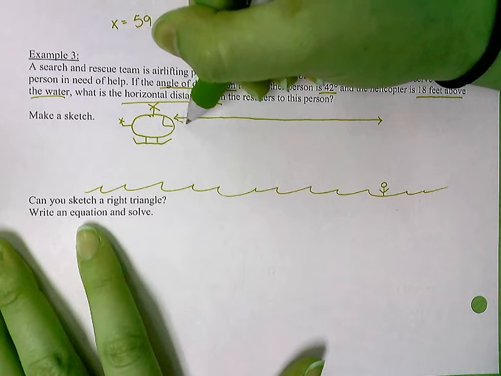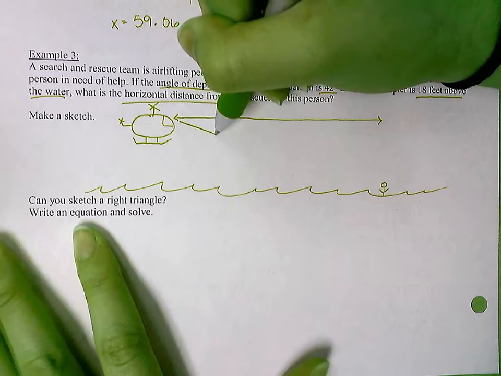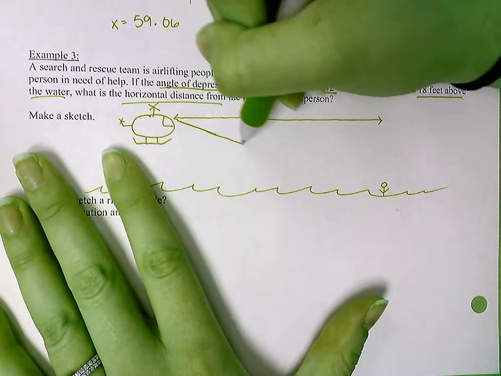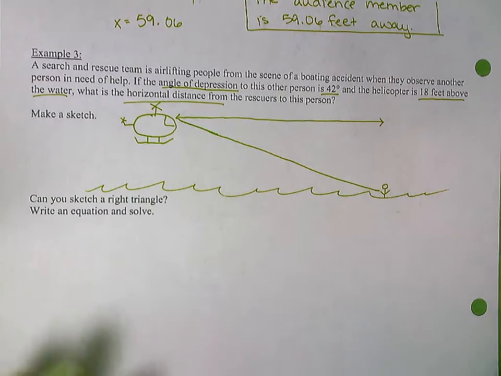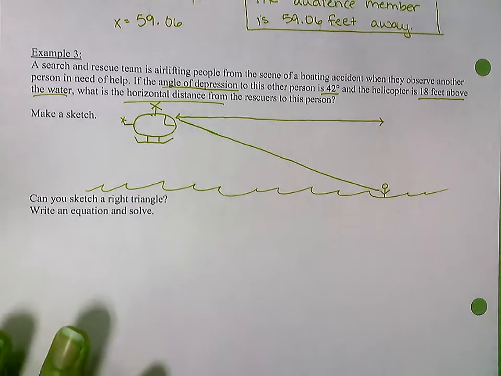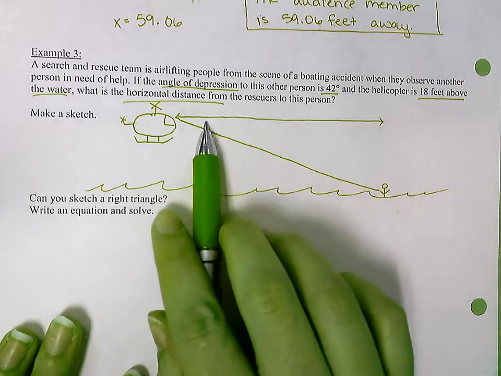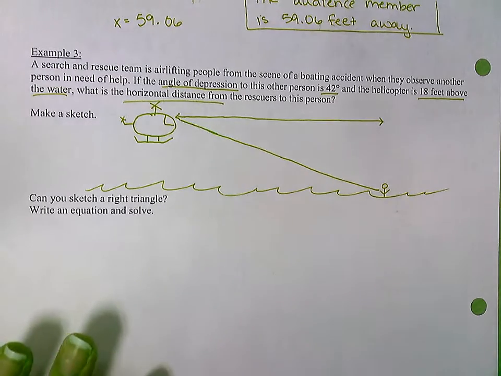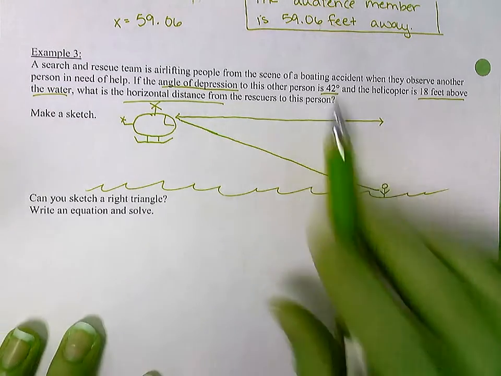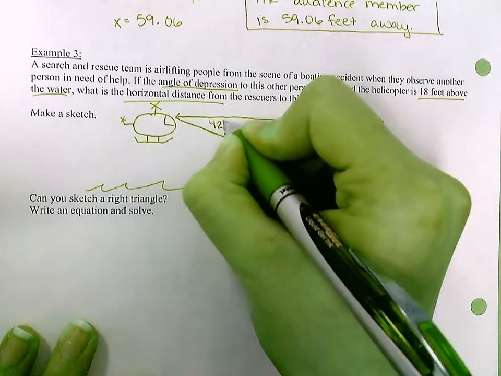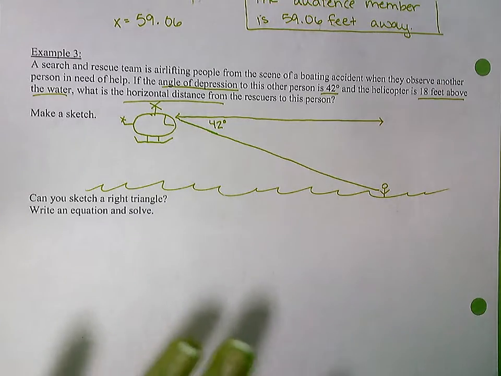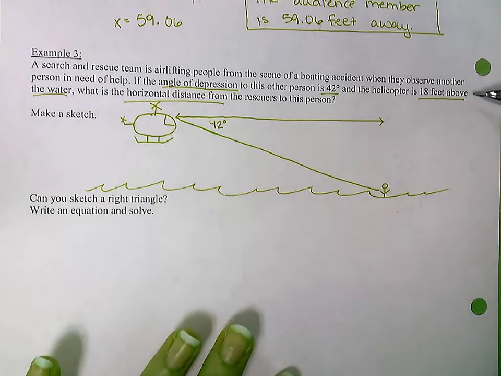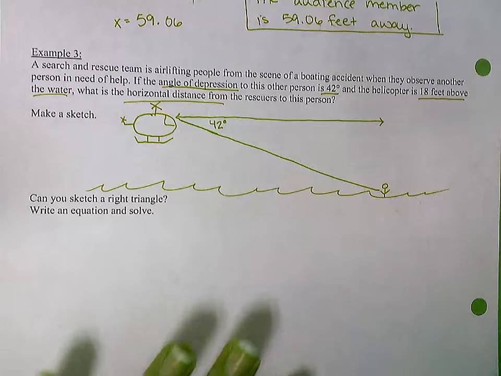Then we have them looking at this person in the water. That angle created by those two lines is your angle of depression, and that is 42 degrees. Next, the helicopter is 18 feet above the water.